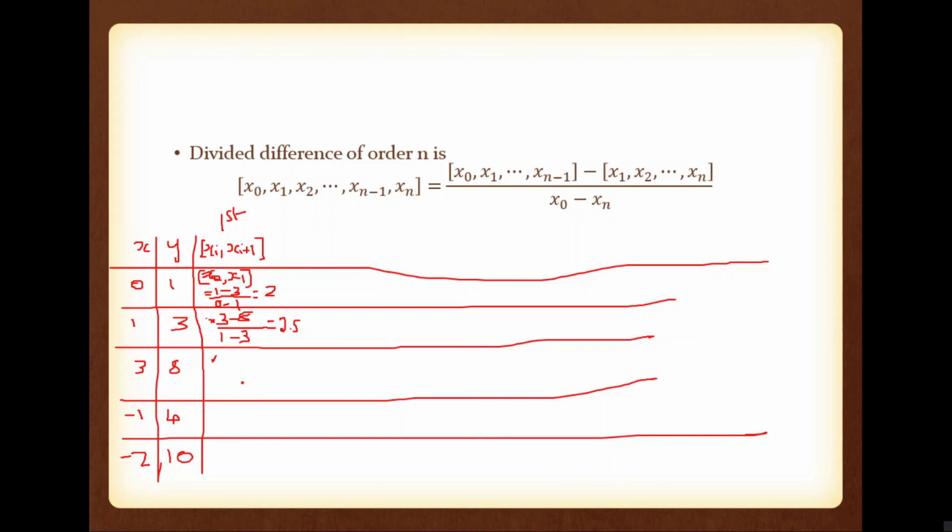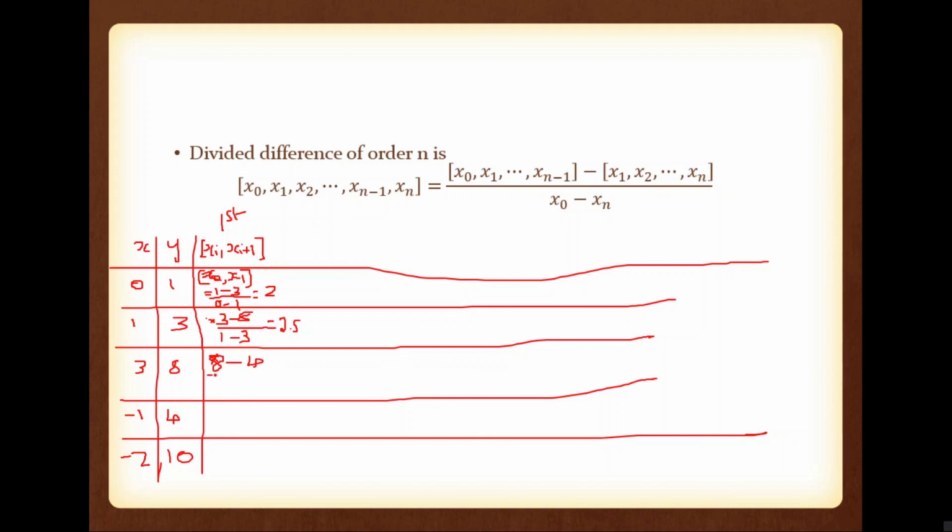Okay, so that is the given data, that is 8 minus 4 divided by 3 minus 1. If you are calculating this first order divided difference, in the previous column the current data is 8 minus the next data 4.